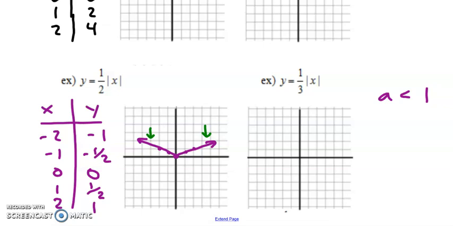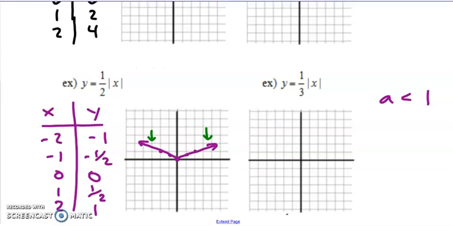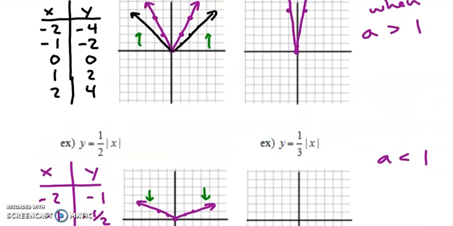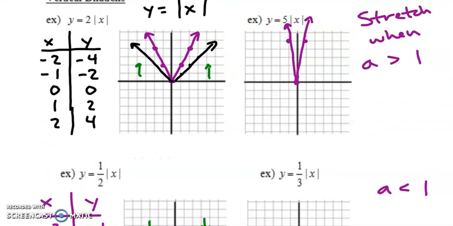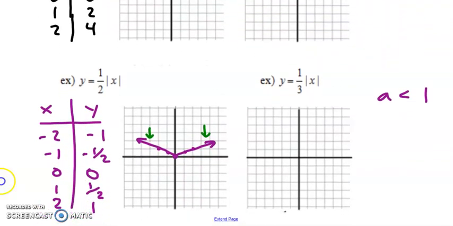Then our last example with 1/3, well, I can actually think of this like slope, okay? If we go back to our other examples, think of our first example as a slope of 2 right here, or 2 over 1. I'm going up 2 over 1. With this example here, slope of 5, I'm going up 1, 2, 3, 4, 5, and over 1. When a is less than 1, it's still the same thing.